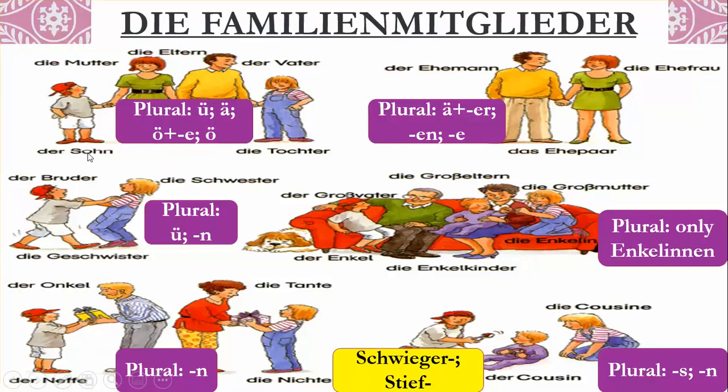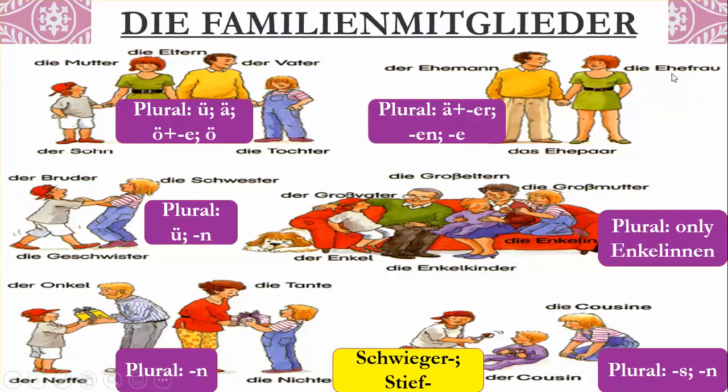The O of Sohn will get the umlaut, and there will be an E in the plural form. So the son will become Söhne. O umlaut, E at the end of the word. The daughter, Tochter, the O will become Ö. So in plural it will be die Töchter.